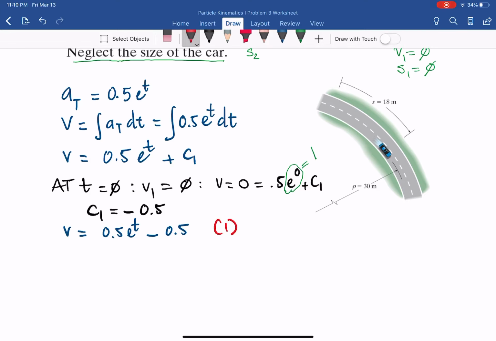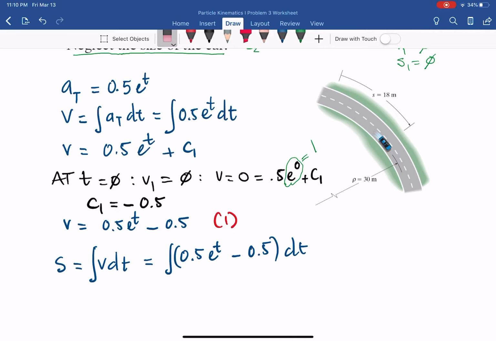And from this one, we have s equal to 0.05 e^t, negative 0.05 dt, so it will be negative 0.05 t.